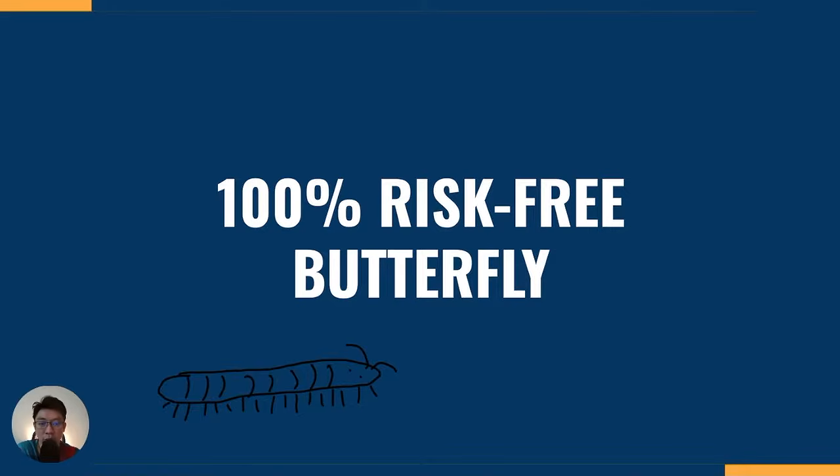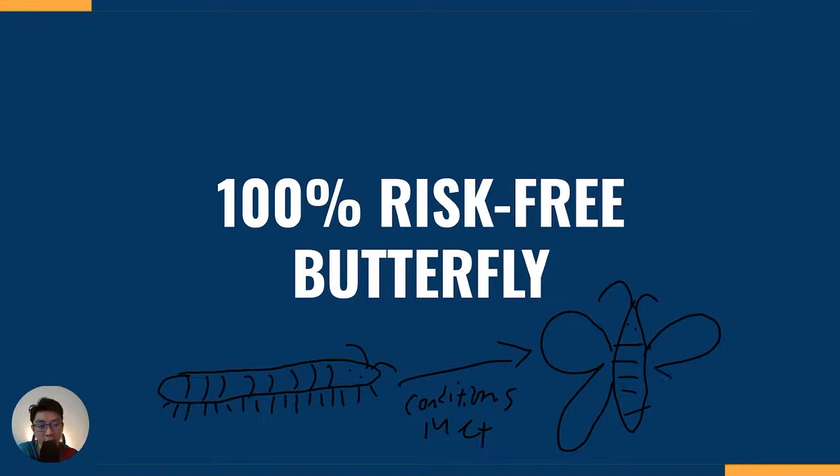So it starts off as something like a caterpillar, and in order for it to become a 100% risk-free butterfly, certain conditions have to be met. Then it will become a beautiful, 100% risk-free butterfly. So this is a butterfly, and wow, I'm pretty impressed with my butterfly, right? It looks pretty good, right? Definitely much better than the caterpillar.